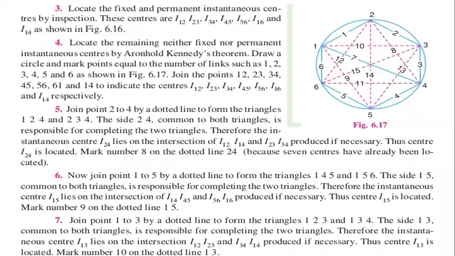Then the instantaneous center I13 is formed on the intersection of I12, I23 and I13, I34. So this instantaneous center of 1 3 is formed, so that we got the 10th instantaneous center.